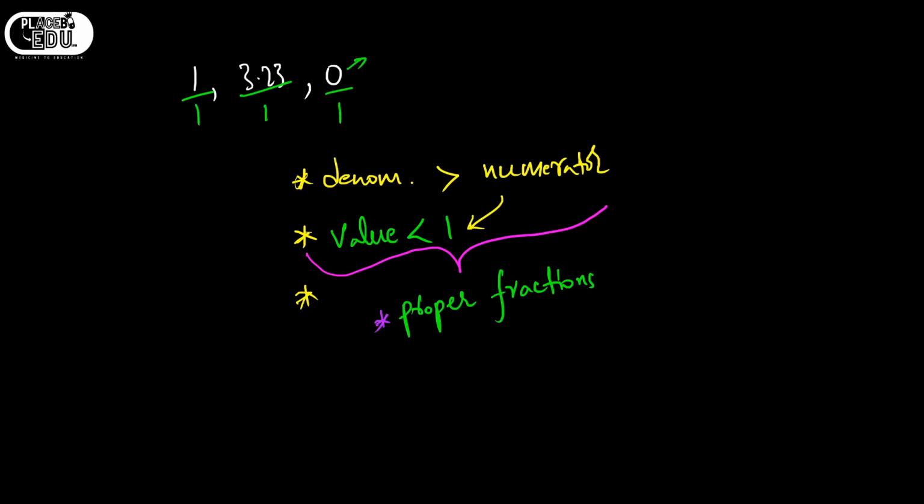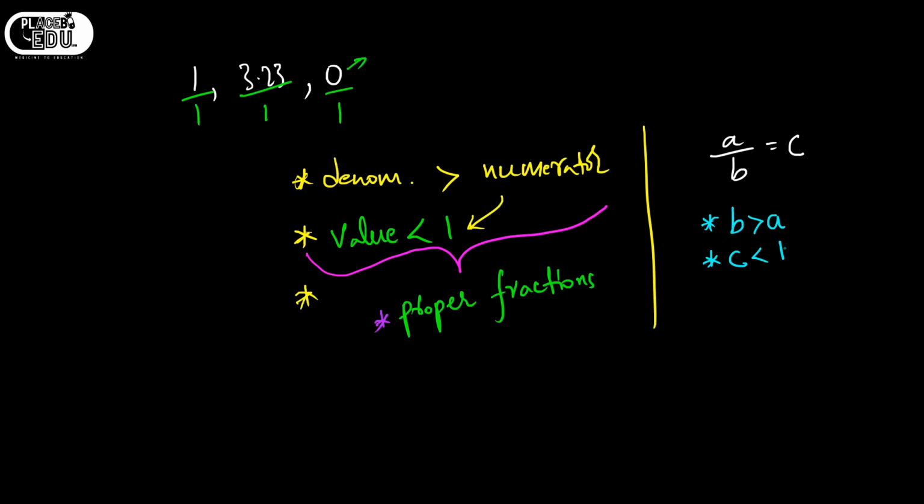Understood? So I am generalizing it. If a by b is there, which is equal to c, then what we can write is b, which is denominator, will be always greater than a, and c is less than 1.